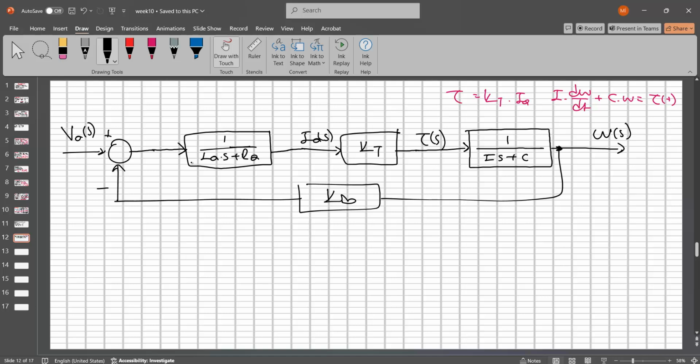Okay. So if we have this information, we can write WS divided by VAS, right? But how can we do that? Just remember the previous week. What is the WS or the IS in here?